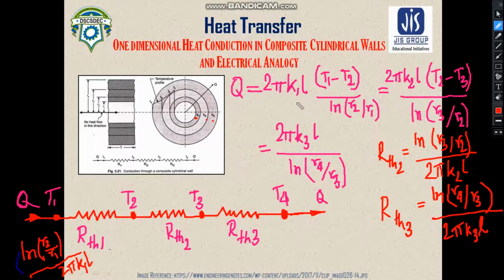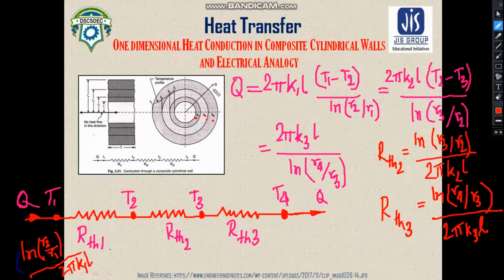It can be written by this formula. For this material I am writing 2 pi k1 L (T1 minus T2) divided by ln R2 by R1. For this one, the same heat is being transferred, so you can write 2 pi k2 L (T2 minus T3) divided by ln R3 by R2. And for the third material, where the same amount of heat is being transferred, you can write 2 pi k3 L (T3 minus T4) divided by ln R4 by R3.